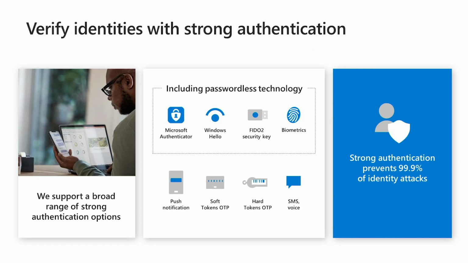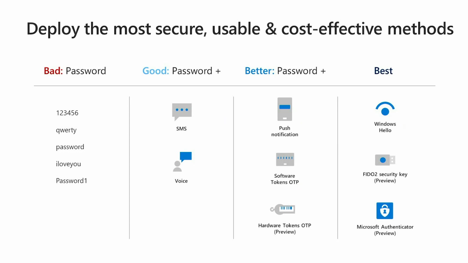This is why it's important to verify your identity with stronger authentication. Strong authentication can prevent identity attacks by 99.9%. As you develop your strategy for strengthening your credentials, you should deploy the most secure, usable, and cost-effective method for your organization and your users.